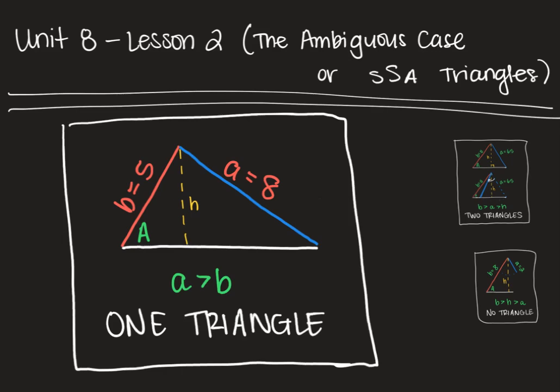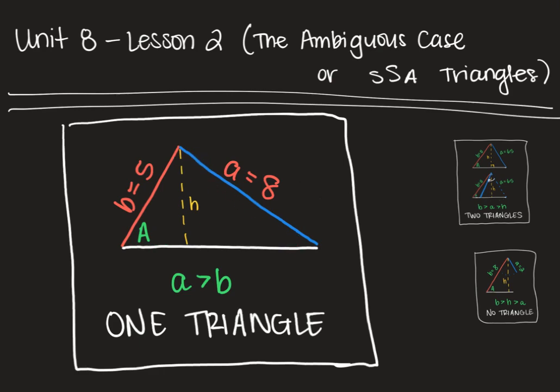Let's discuss this triangle first. It doesn't really matter what this angle is right now. We can call it some acute angle, let's say 40 degrees. This red side is 5, we can call it centimeters, inches, doesn't really matter. And the side opposite that 40-degree angle A is 8 units in length.